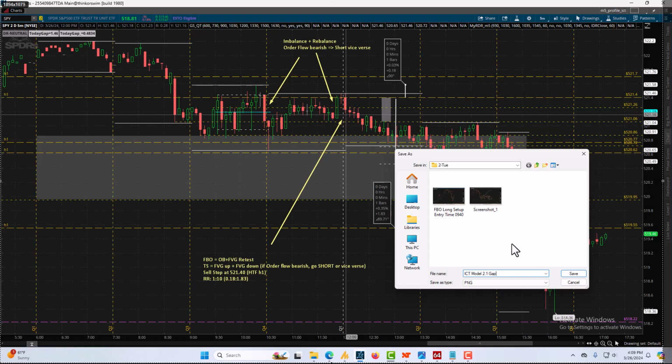No, this is gap up. And go short in the PM session, and the time is exactly 12, exactly the noon time right there.